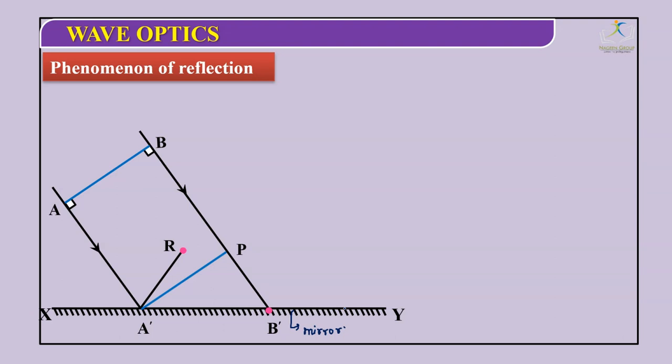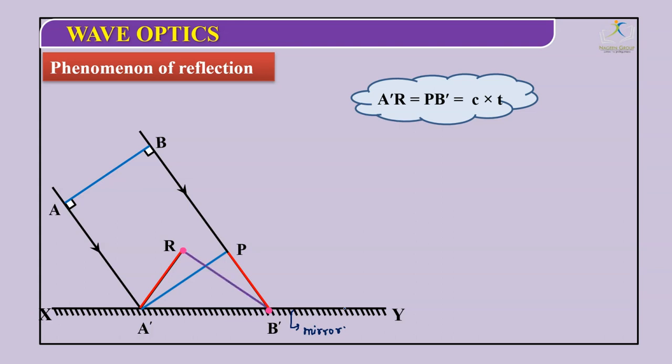We are taking these points as R, B prime. So A prime R is equal to P B prime, which is equal to c into t, because distance is equal to speed into time.